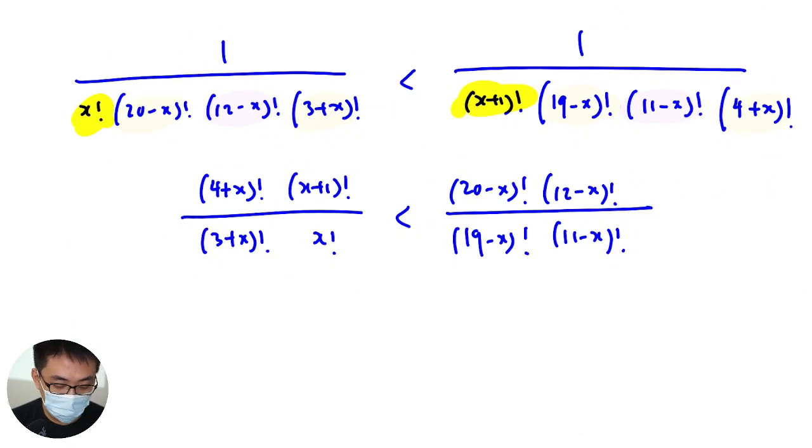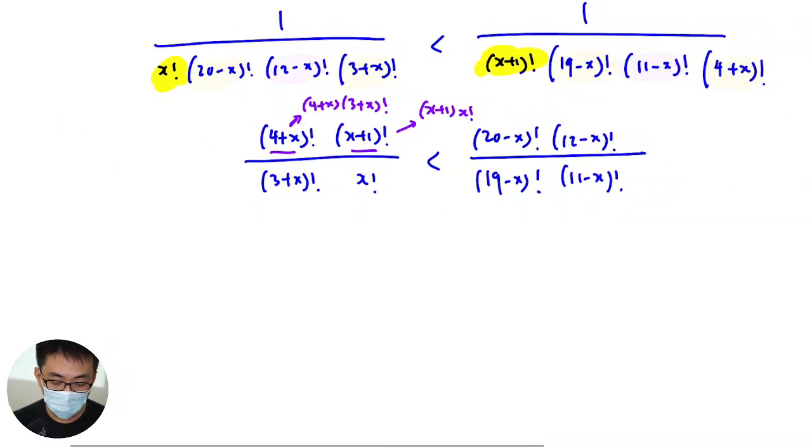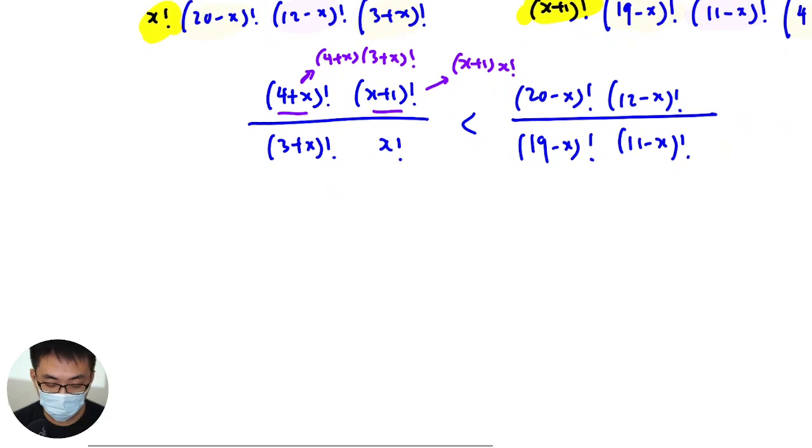Like, this is 4 plus x factorial. This is actually 4 plus x times 3 plus x factorial. Then this one here is x plus 1 times x factorial. So that's why I left the larger one on top.